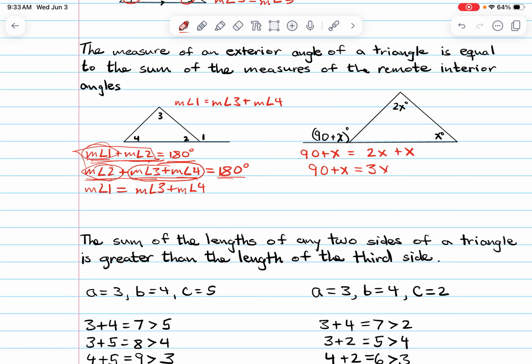Subtract the x, and I get x equals 45. So it looks like x is equal to 45, and of course that would make this a 45-degree angle. This would be a 90.